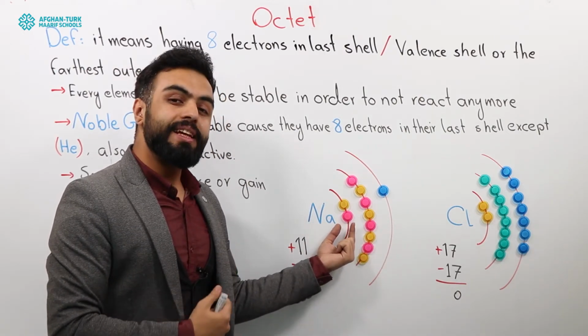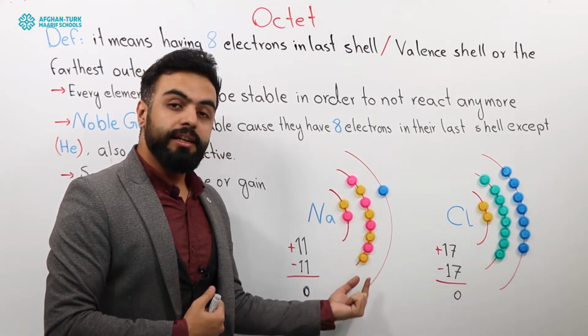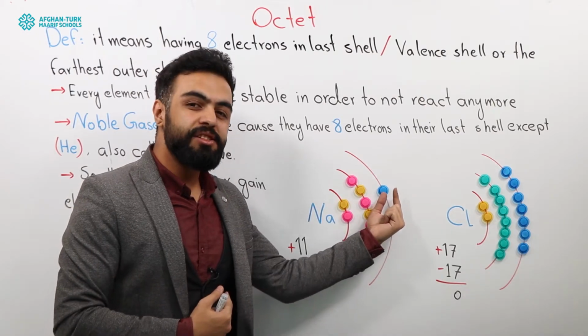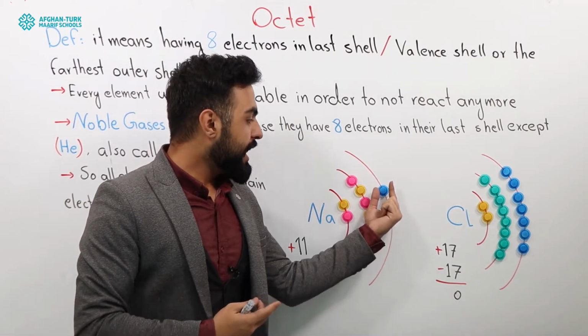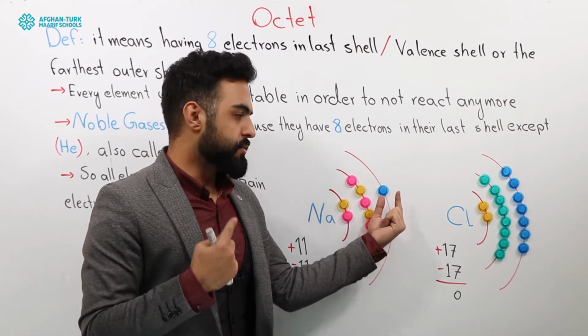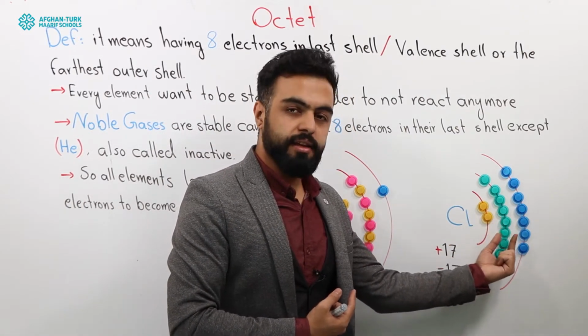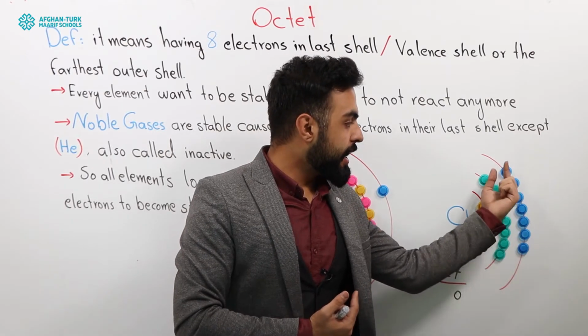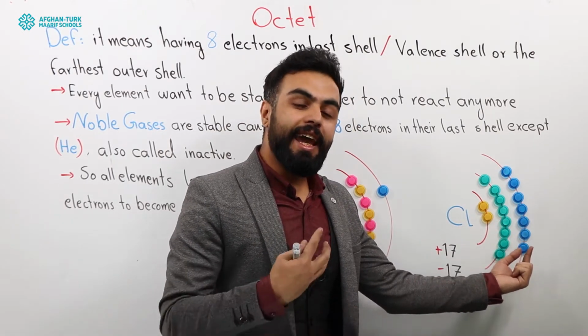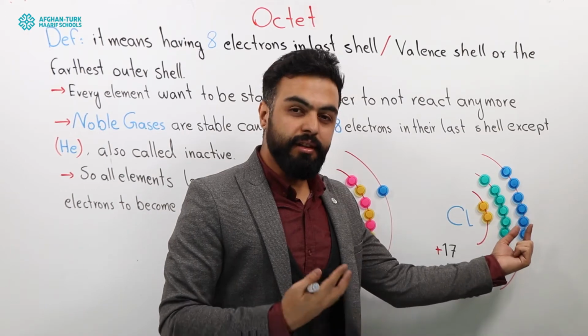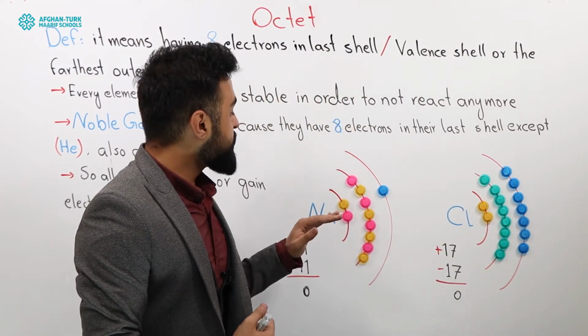Sodium has 2 electrons in the first shell, 8 electrons in the second shell, and the last shell, which is the third one, has only 1 electron. Chlorine has 2 electrons, then in the second shell 8 electrons, and in the last shell 7 electrons.